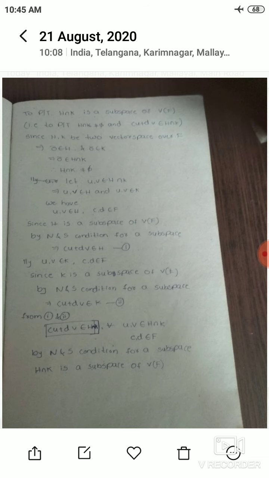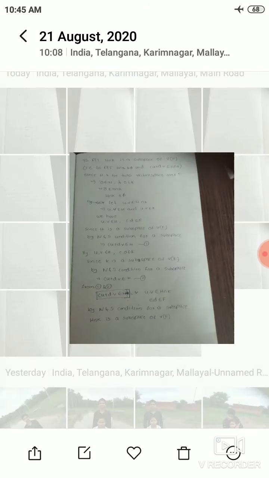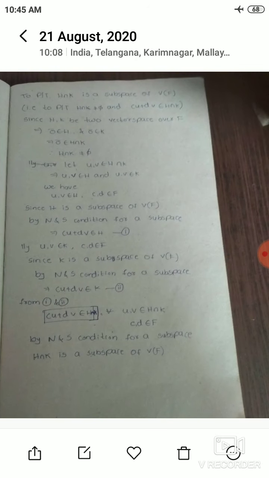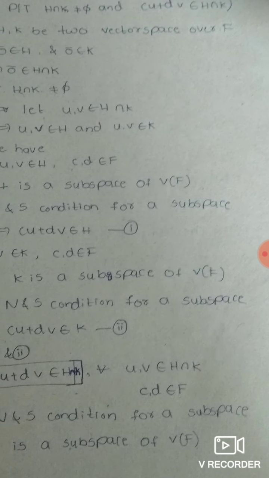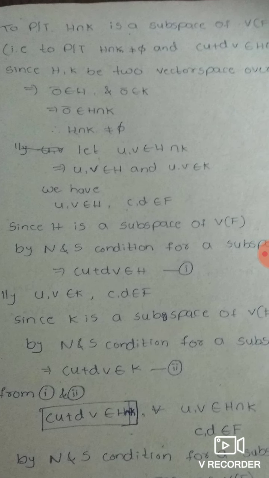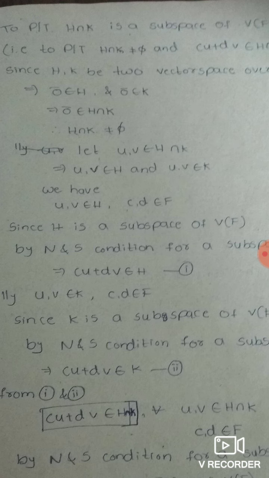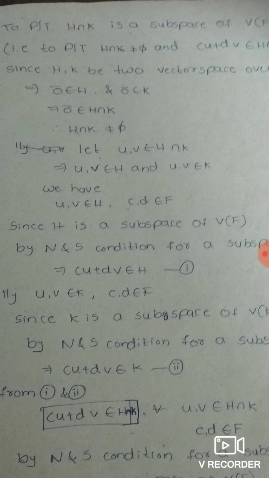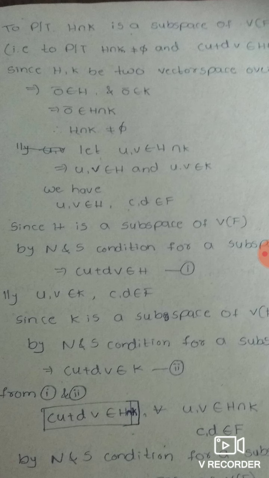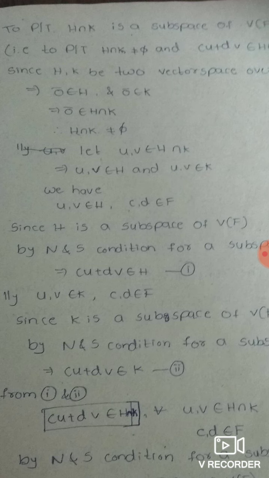H has an identity element with respect to addition, so 0 belongs to H, and K has an identity element, so 0 belongs to K. Then 0 belongs to H and 0 belongs to K, so 0 belongs to H intersection K. Therefore H intersection K is non-empty. The first condition is over.